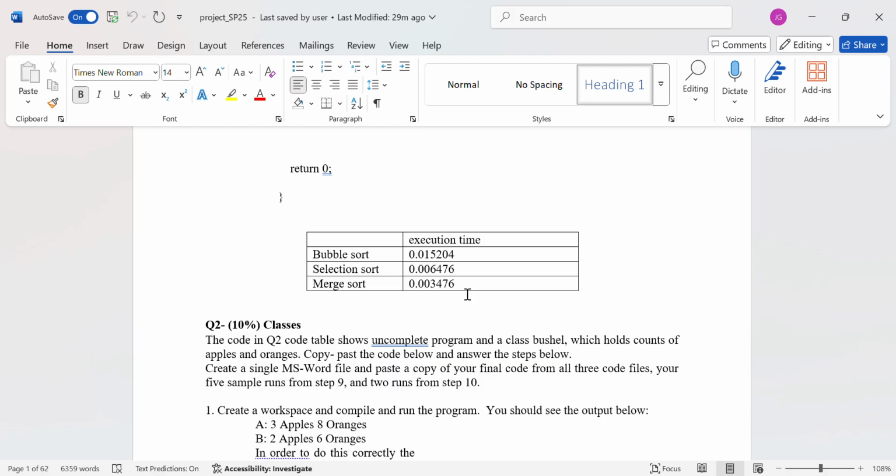For those 1,000 random numbers, again merge sort, like I said, finished almost instantly, while the other two took significantly more time.